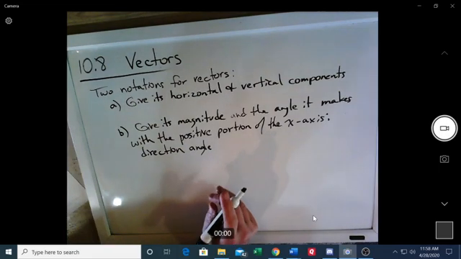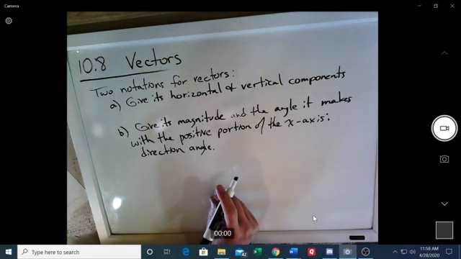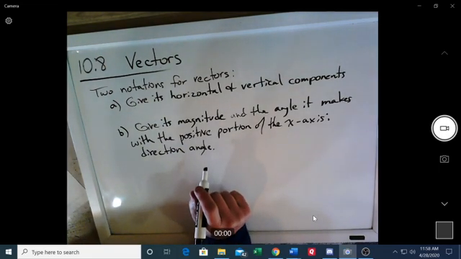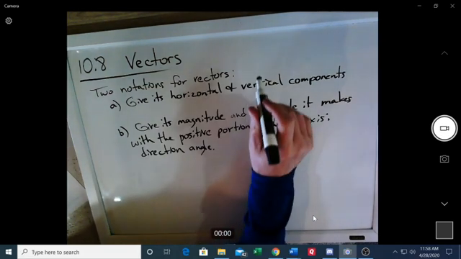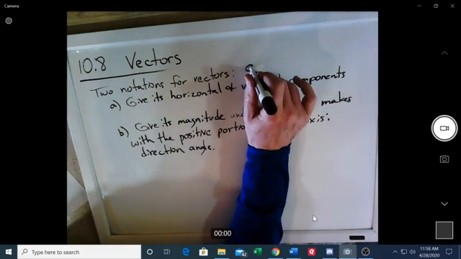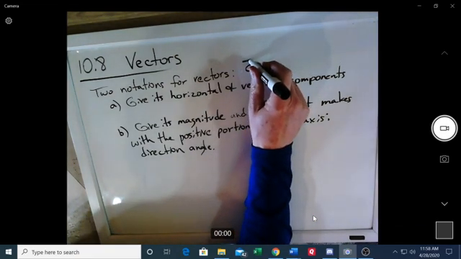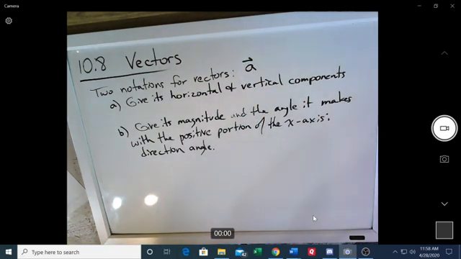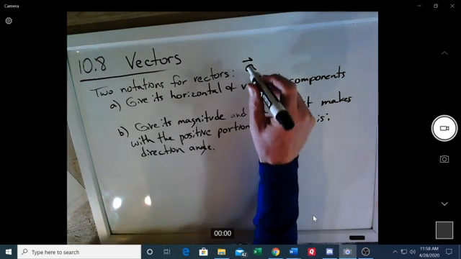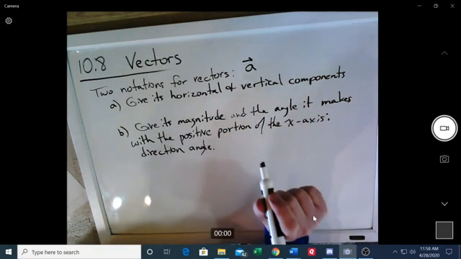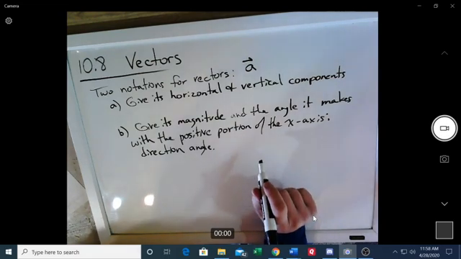Now, we have a notation that we tend to use for vectors. If we have A, that might be just a number. But if we put this little symbol above it, we mean the vector A. And it's kind of like half of the arrowhead, the upper half, at the end of that.